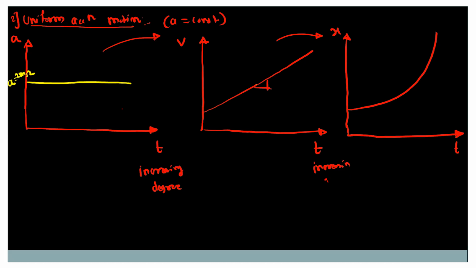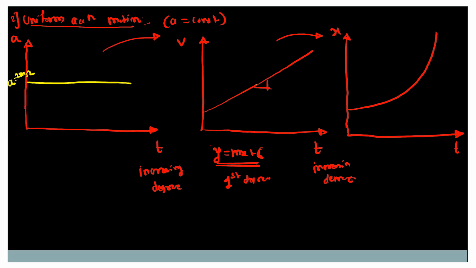Okay, so this line which is parallel to the time axis, from velocity time it will become the first degree curve. So this will have the equation y is equal to mx plus c. Okay, so this mx plus c gives the equation for a straight line, and this is the first degree curve.